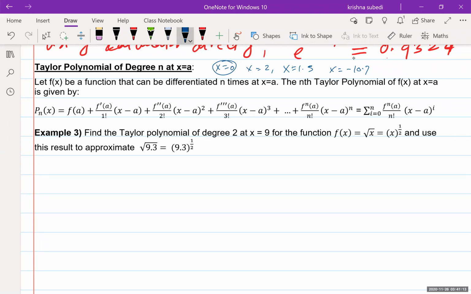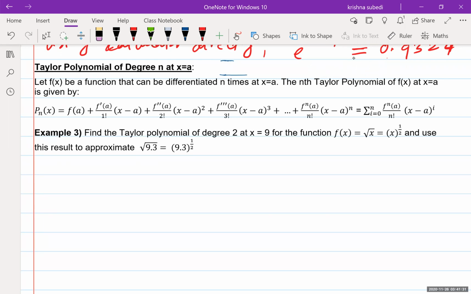Because in real world situations, just the specific value of x equal to 0 sometimes doesn't work. So we need to know what happens when x is not 0 but something else.